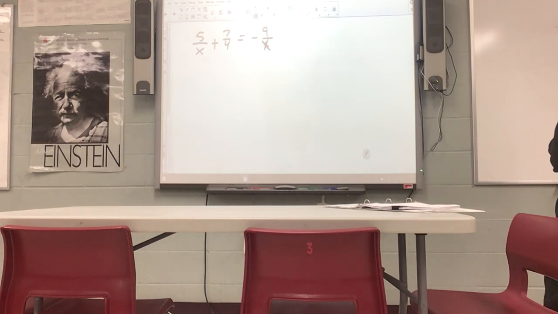Do you know how to do this? You could do that, actually, because that would make the left side have a common denominator. That's interesting that you thought that up, because that's not how I would have done it. Bring over the 5 over x, yeah.